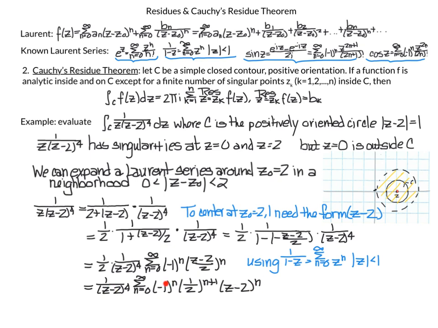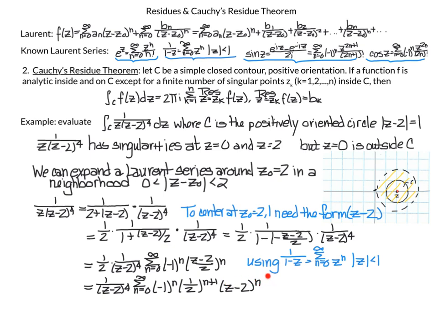Now from here, what I want to look for is the residue, which is the b1, the coefficient of the z minus 2 to the negative 1 power. So looking over here, this is where I have my negative exponent, and I'm going to be multiplying by this positive exponent.